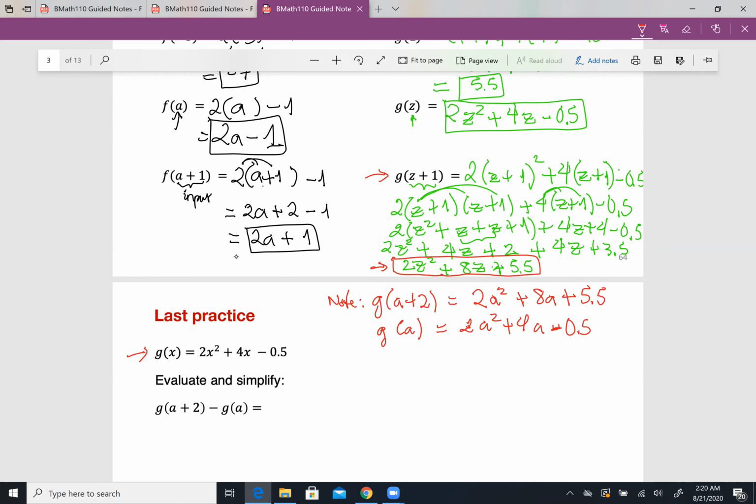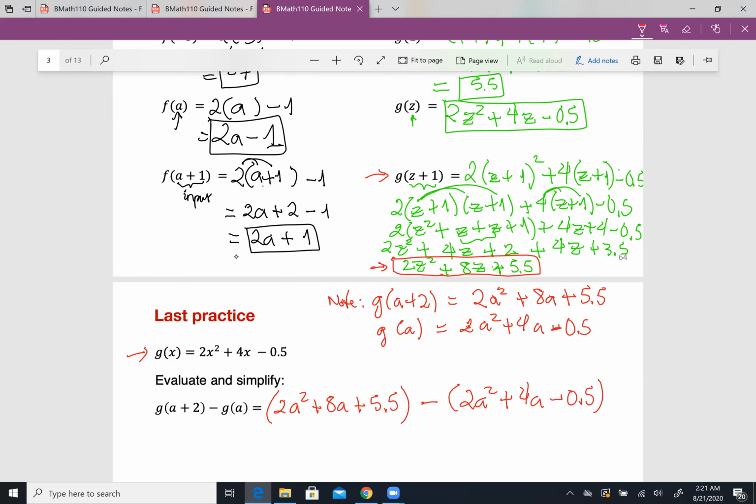So now I'm gonna subtract g of a plus 2 by g of a. I mean, subtract g of a by g of a plus 2. So you will have 2a squared plus 8a plus 5.5. Don't forget to have parentheses for the g of a plus 2. And now you subtract g of a, which is 2a squared plus 4a minus 0.5.